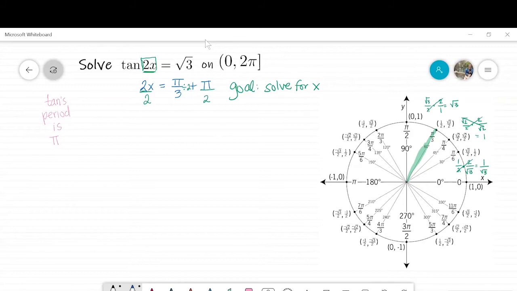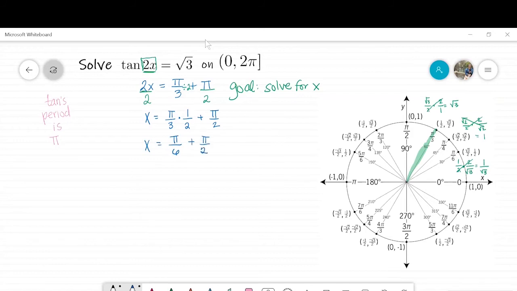So this ends up giving us just x, which is what we were hoping for, right, is pi over 3, instead of times 2 or divided by 2, I'm going to say times its reciprocal, and pi over 2, which gives us x is pi over 6 plus pi over 2.